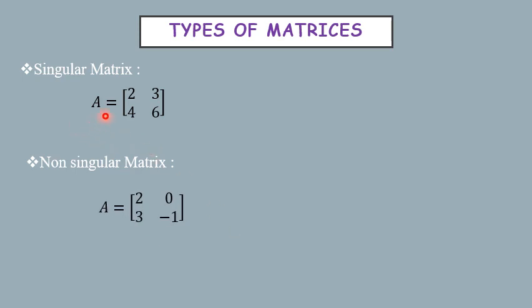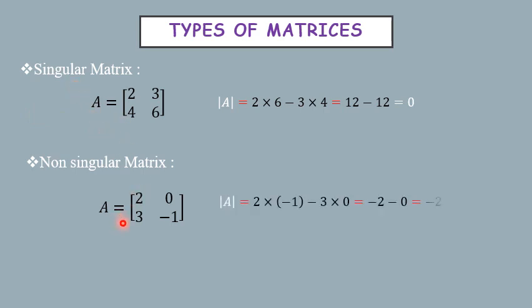First A, it is a square matrix of order 2 and here this is also a square matrix of order 2. Now we find the determinant value of this matrix. Okay, so here the determinant value of this matrix is equal to 0, means it is a singular matrix, but here the determinant value of this matrix is not equal to 0, that means it is a non-singular matrix.